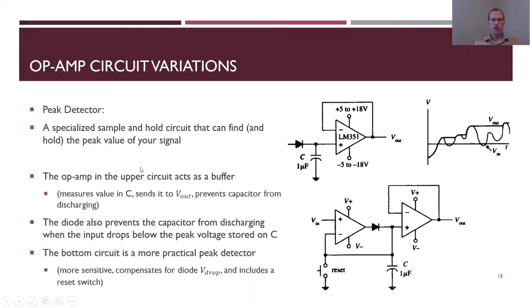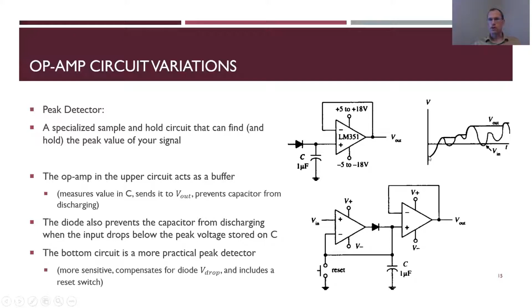Again, we have an op-amp that acts as a buffer, just like before. But what the diode does is prevent the capacitor from discharging when the input drops below the peak. So this wavy thing is what Vin is doing, and then V out keeps whatever is the biggest number.